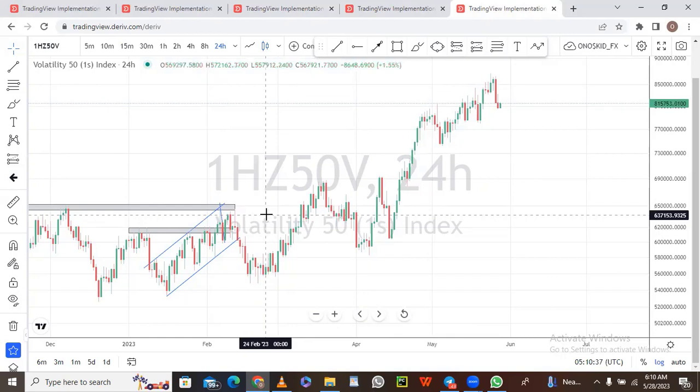Indicators are just a graph that we use to predict from what has happened in the past, to plot that graph, hoping that in time to come, such things will replicate themselves.